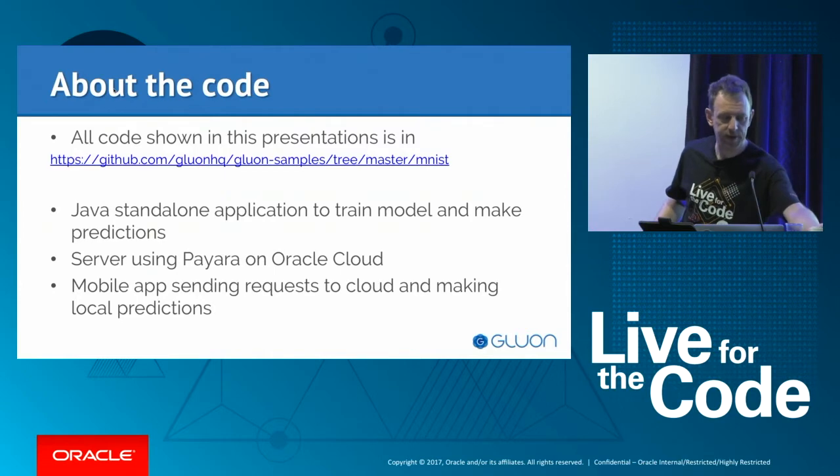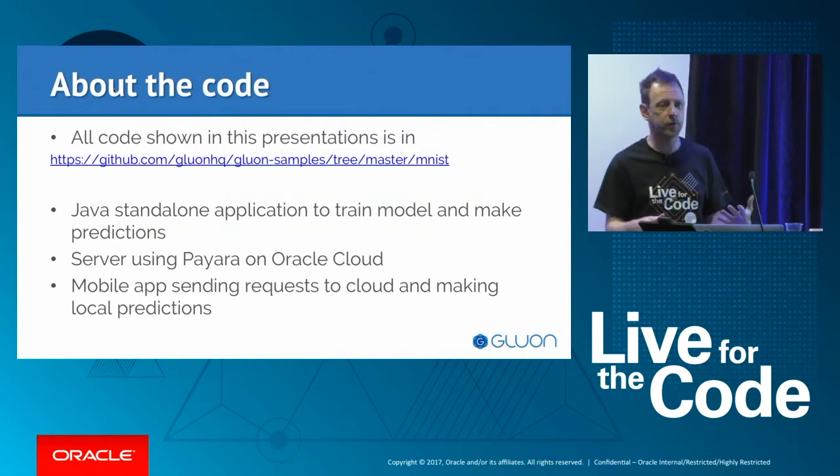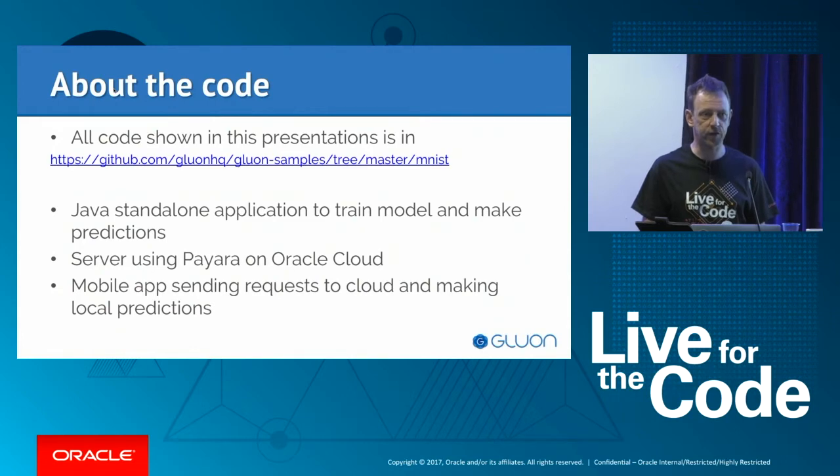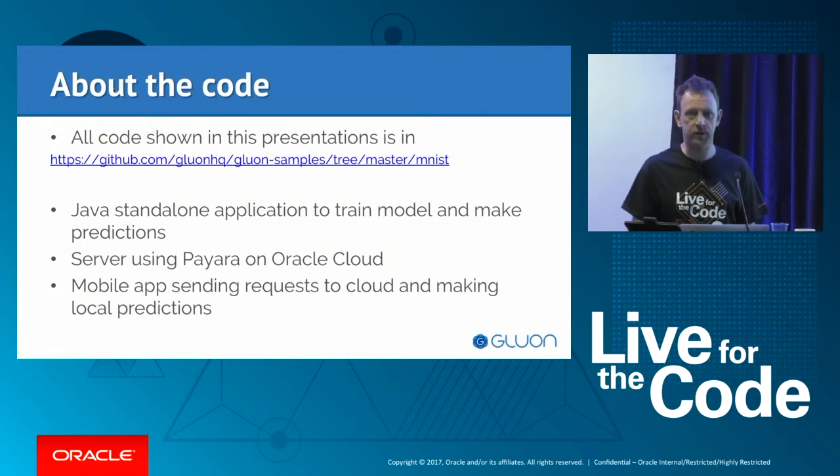That is the standalone application, and I think that's good if you want to do some local development. If you want to do this in a server environment, we can. The code has a project server, and that is using a Payara Java EE application server running on the Oracle Cloud.